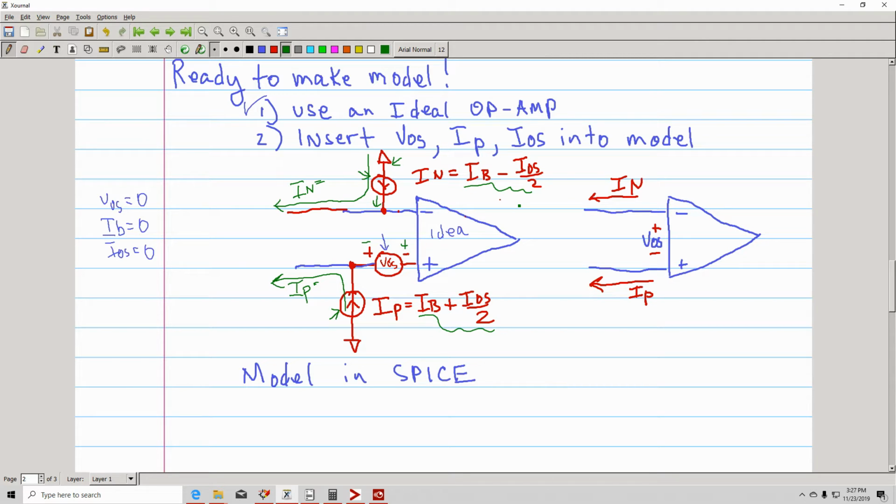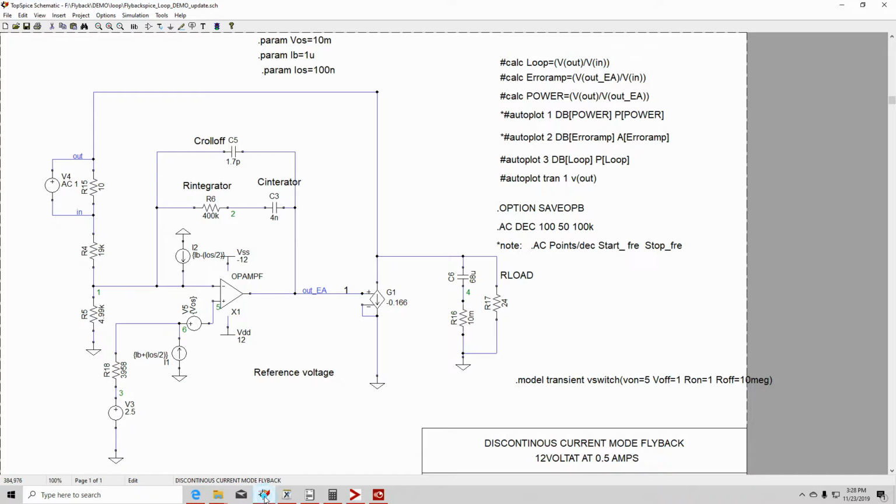Okay, so this is what you do in Spice as well. So in this case I'm using a 12-volt supply, or close to 12 volts. Okay, and then this is an ideal op-amp. It's an op-amp function.